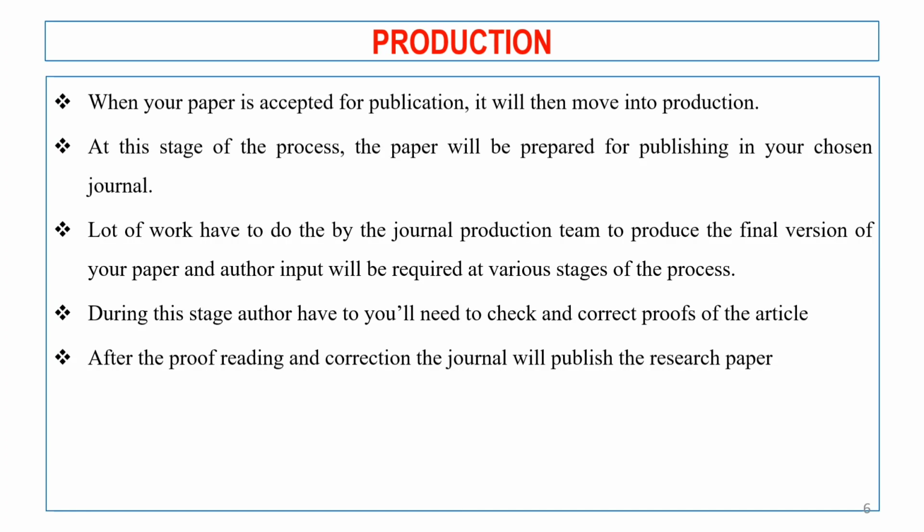During this stage, the author needs to check and correct the proof of the article. After the proofreading and correction, the journal will publish the research paper. During the production phase, the paper is prepared for publishing, the journal production team has a lot of work to do, and at the same time the author also has some work.